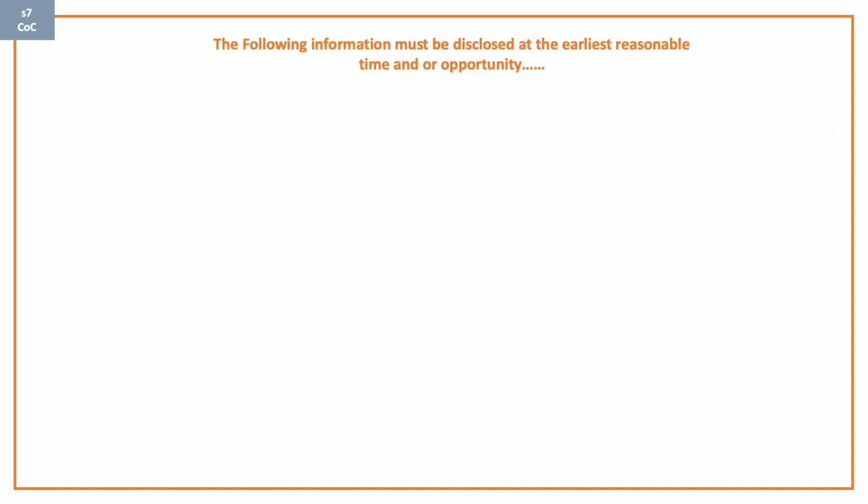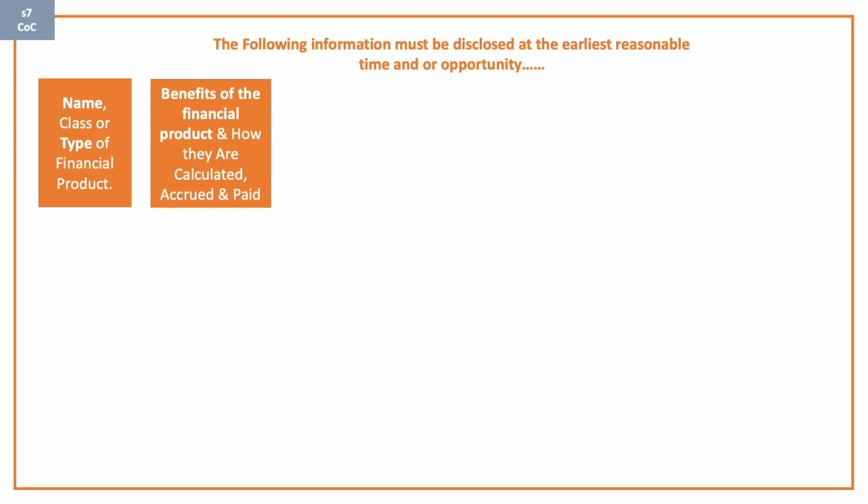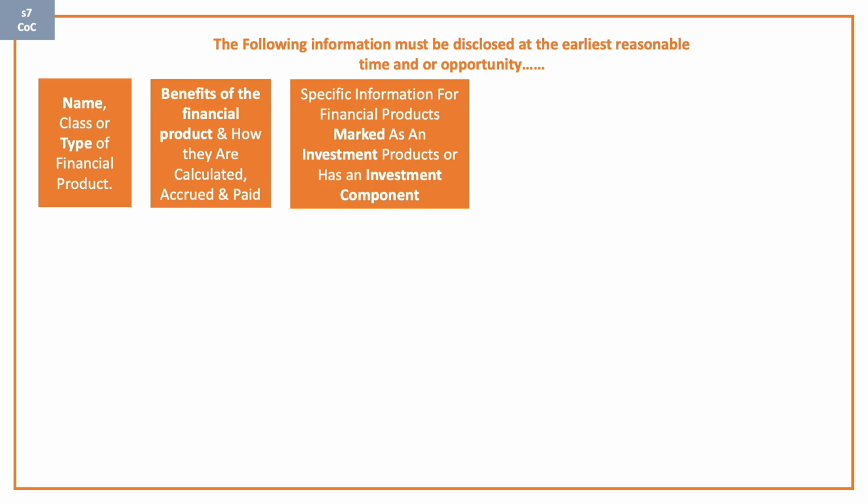Section 7, paragraph 1c states the following information must be disclosed at the earliest reasonable opportunity and time. 1. The name, class, or type of financial product. 2. The benefits of the financial product and how they are calculated, accrued, and paid out. 3. The specific information for financial products marked as an investment product or that have an investment component. 4.